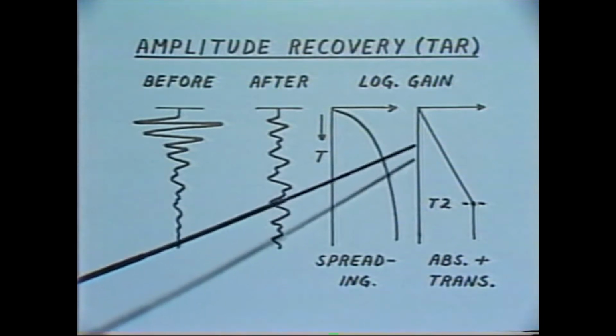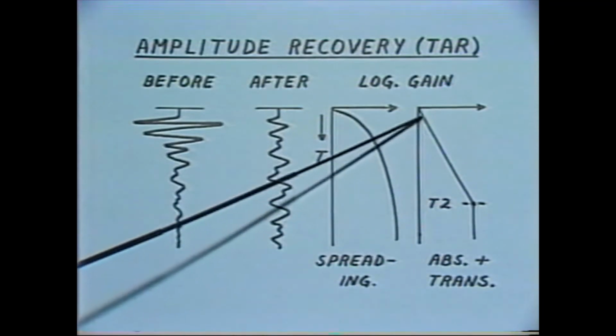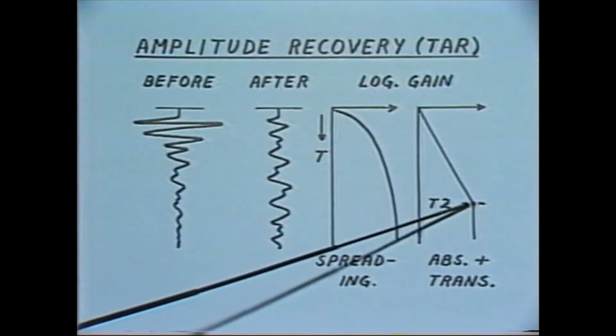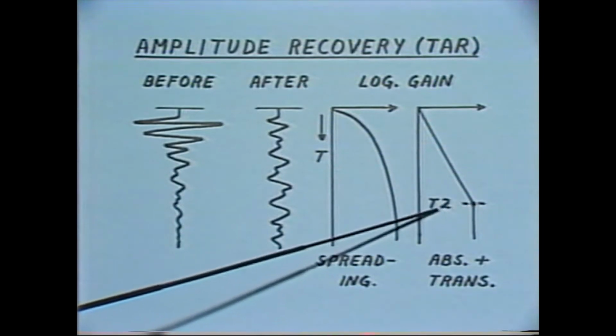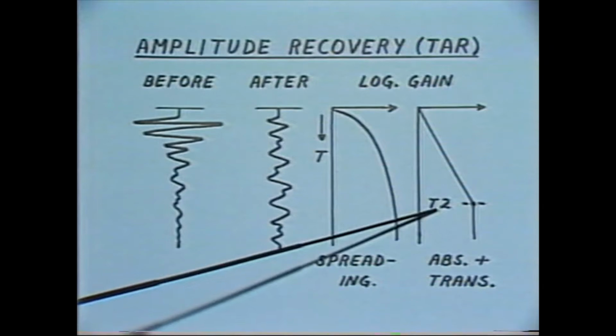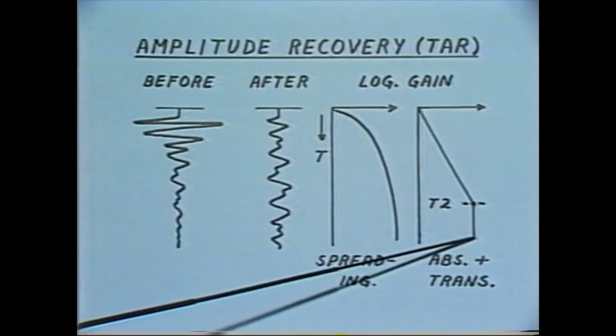The correction that's applied for the absorption and transmission losses is a straight line, although that's usually terminated at some particular time, T2 in the programs we use, and the gain is held constant after that.